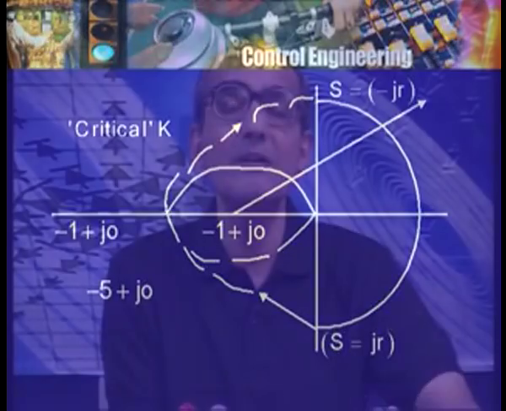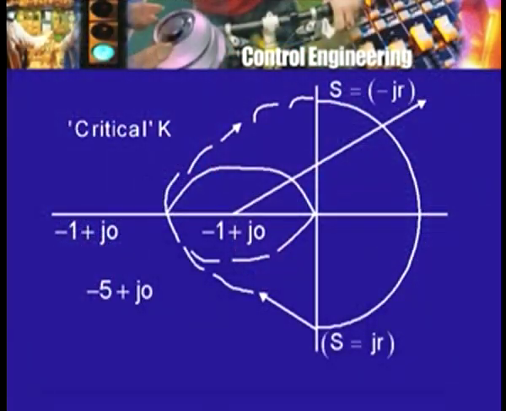This will usually require some computation, but suppose I am able to find that frequency omega, then the modulus of KGH at that j omega will give me the location of this point. Of course, it will come with a minus sign. Once I know that, then provided it is like this, I know that there is a gain margin.